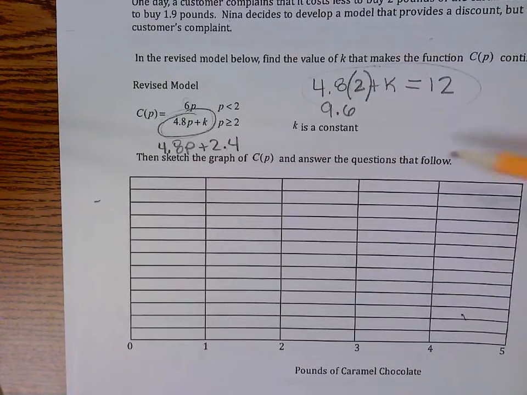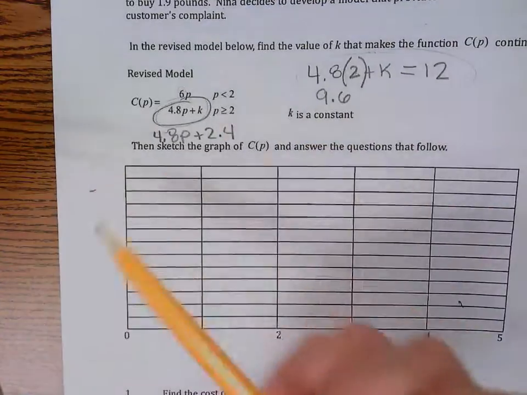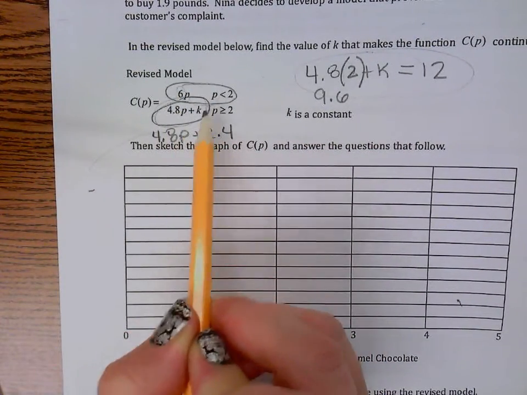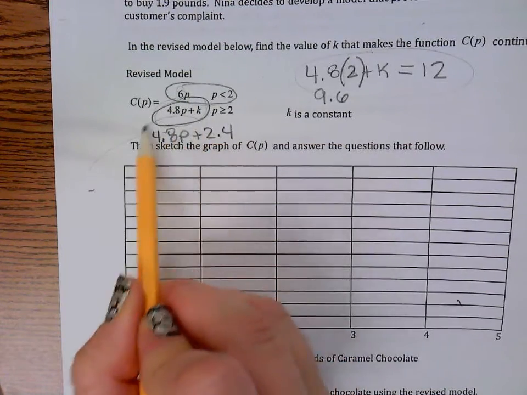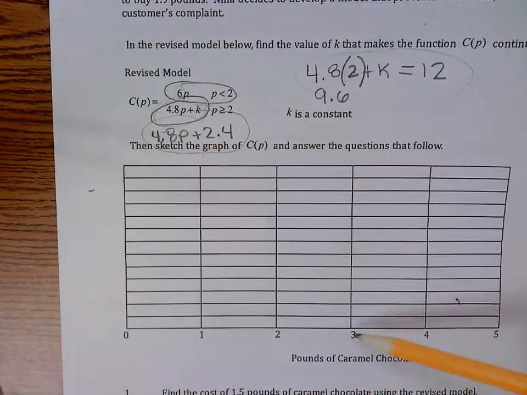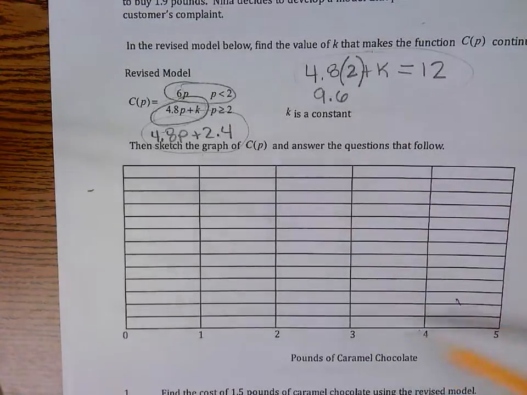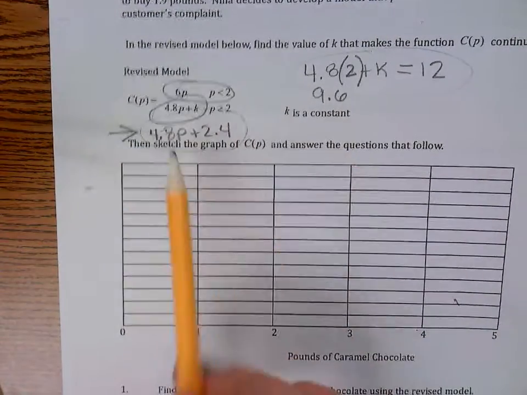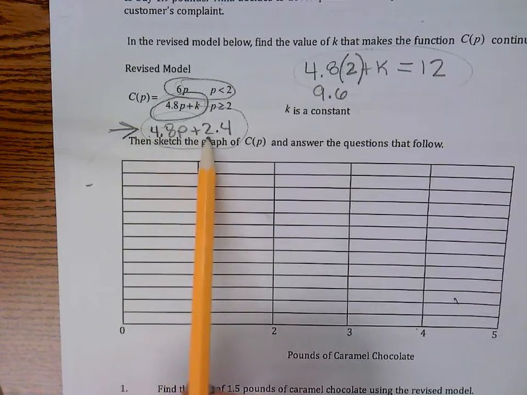So I'd like you to try graphing. The first equation is going to be identical to what we already graphed on the front page. The second equation, you're going to have to generate values for 3, 4, and 5 pounds and connect those dots using this new revised equation, 4.8p plus 2.4.